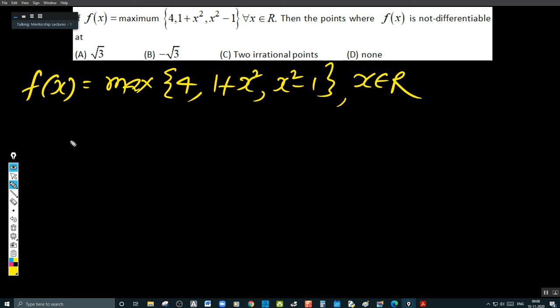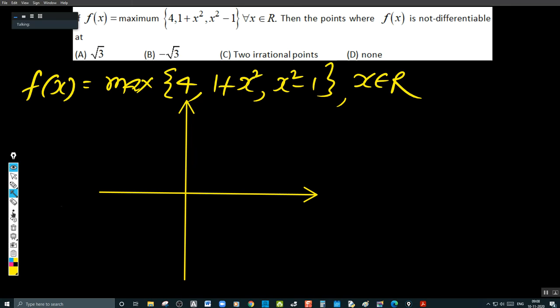So here, let me do it. How the graph will be for this?